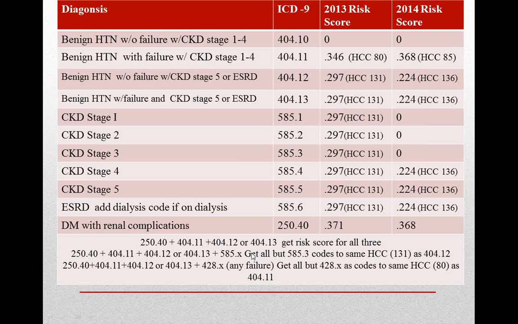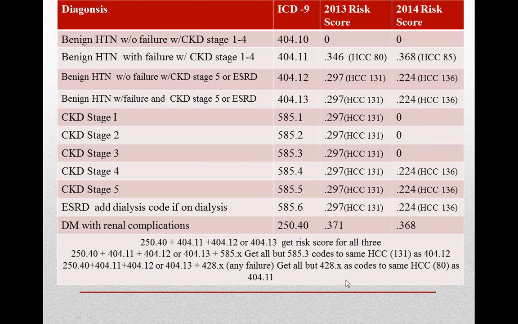And then finally, the same procedure here. You're basically not going to get anything without heart failure stage 1 and 4, but everything else does risk adjust. And then the risk scores are going to change 2013 and 14, but it's going to show you right here that if you have diabetes and you have the 404.11, you're going to get a risk score for all 3 of those, as opposed to 250 when you get the 404.11s or .12s or the 404.13s plus the 428.